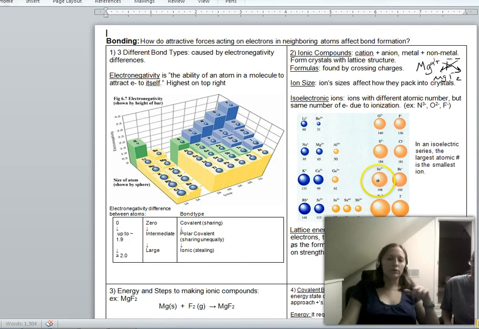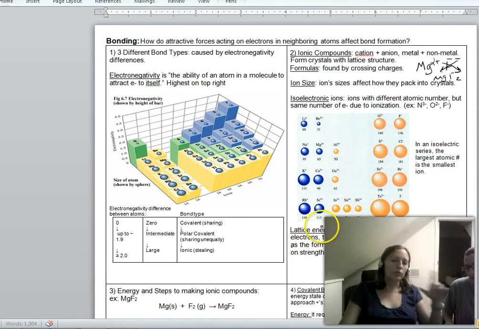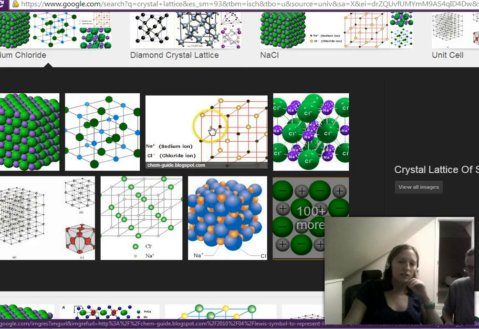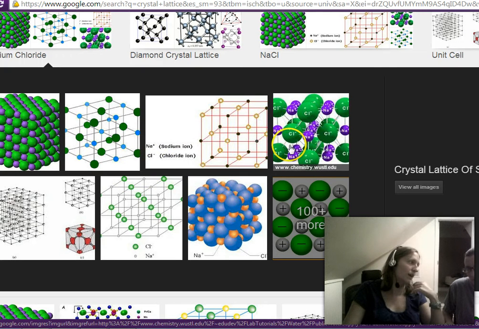This is important also for a thing called lattice energy. The reason that you make these nice crystal lattices is because the ions are charged. And if you've ever played with a bunch of magnets, they attract each other. These are basically little magnets, so you have a little positive magnet and a negative magnet.